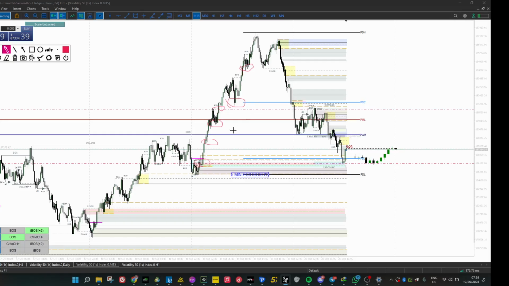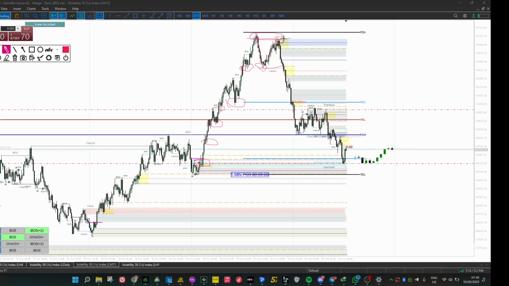Once you realize the draw on liquidity is to the upside, you just wait for a pullback and you can enter on confirmation. So even here, after we came back down, was another opportunity. Up here, we had a supply zone that was created after we broke down, and this came back up here and topped.